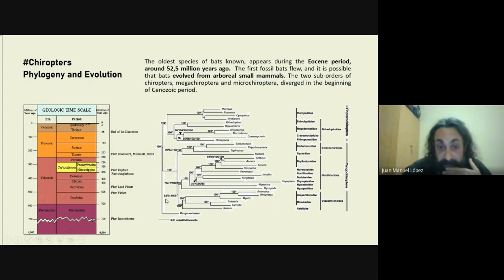Here we can find the phylogeny, which is much more complex than that of the insectivores, with all these families and superfamilies, etc. And also the different genera that we can find from the ancient fossils to nowadays.